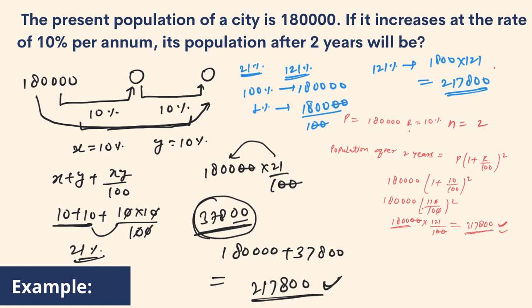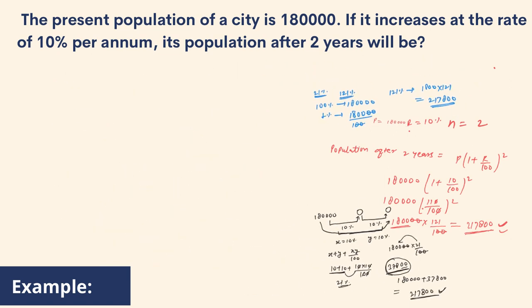And after this I will solve by one more method. Let's see that method. This method I generally use in SI and CI. Still I am introducing it here, and we will do more problems in SI or CI based on this method.